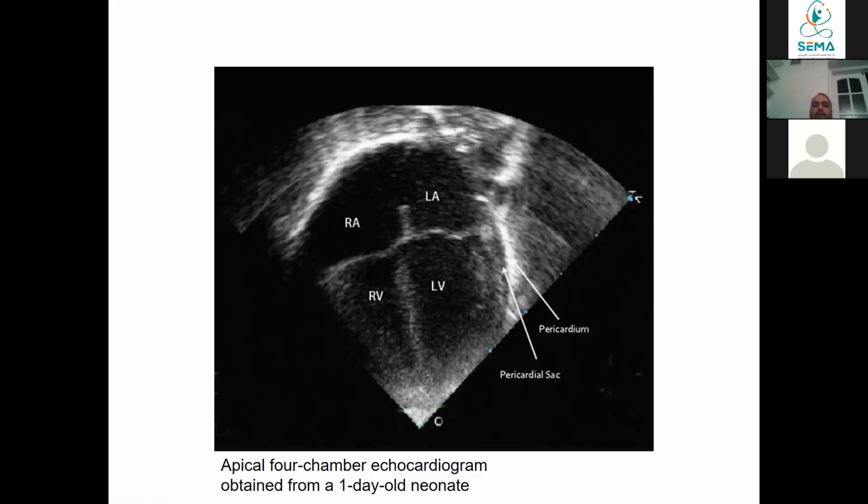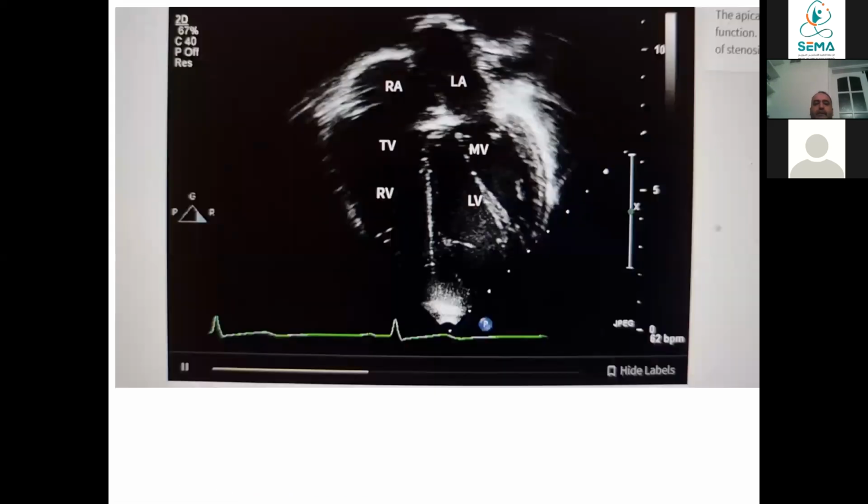Also you should have the art of how to use the probe and how to move it: sweeping, moving right, left, rotating, all these different modalities. You should learn it also.